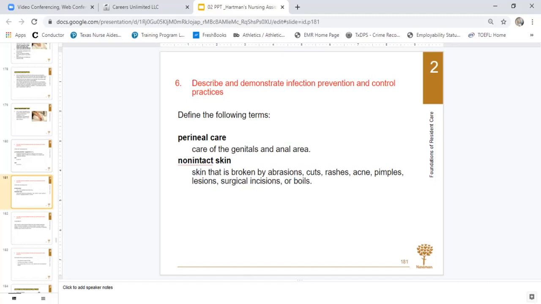You don't wanna grab the outside of the glove with your bare hand because it's considered contaminated. So anytime that you're gonna be performing perineal care or come in contact with body fluid, even just going to the residence, many times they call you and they need some help, and you touch an area where they're laying around or sitting, you don't know where their hands have been.